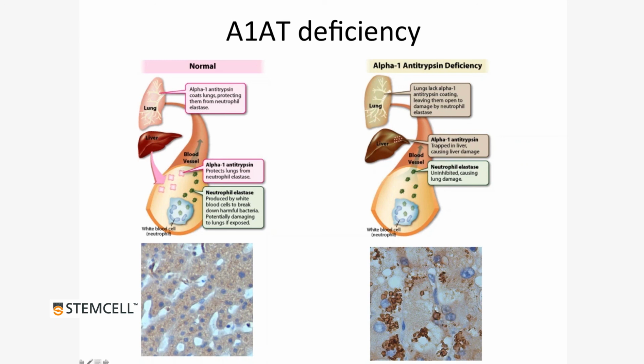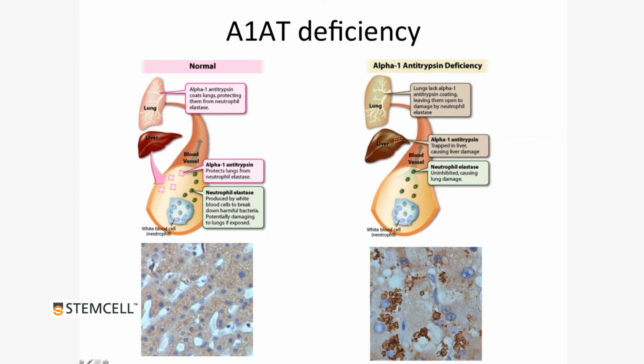So in a histology of a healthy liver, alpha-1 antitrypsin is not present. However, in patients with alpha-1 antitrypsin deficiency, their livers produce alpha-1 antitrypsin, but as you see in the image, it precipitates in the hepatocytes of these livers.